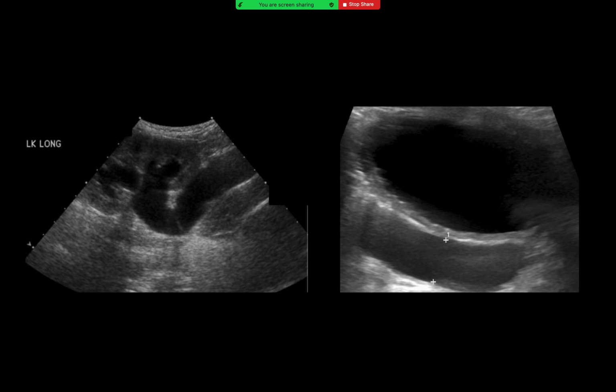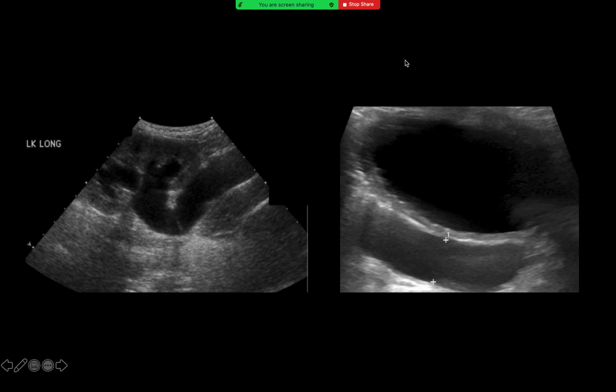Yeah, it's LT long, so it is left kidney longitudinal section. So demonstrating a significantly hydronephrotic left kidney with dilatation of the proximal ureter, and on the right side there's an ultrasound scan of the bladder, also showing a dilated left distal ureter. So this would be in keeping with left hydronephrosis. Okay, and I'll stop sharing now.